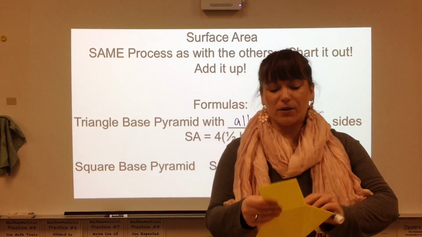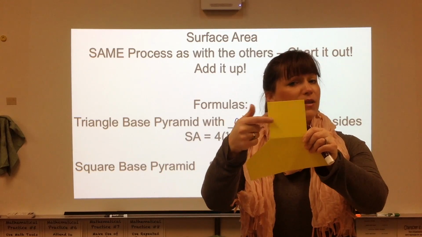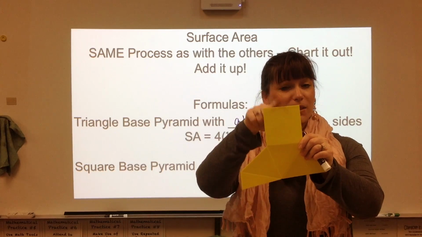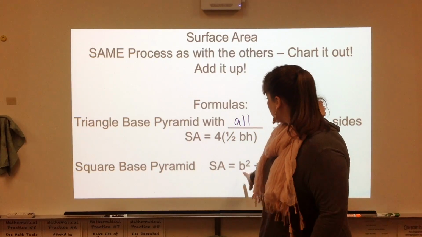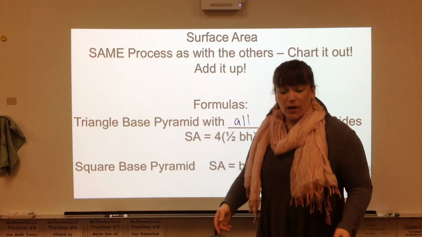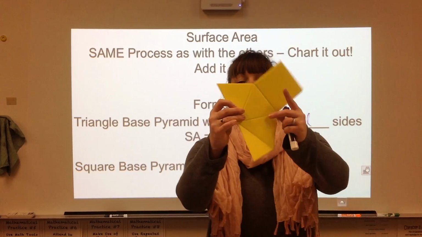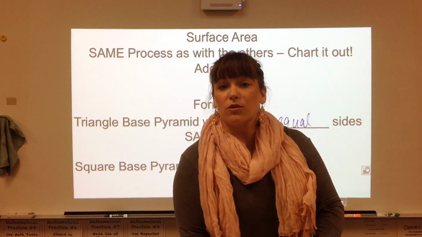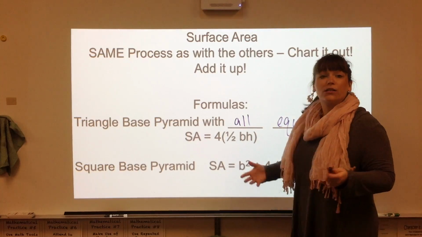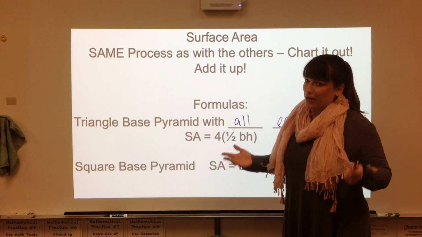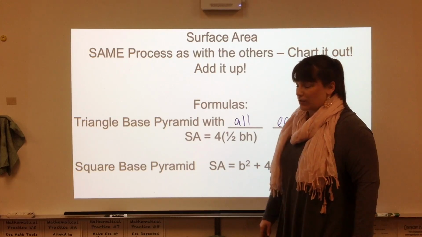For the square-based pyramid, you're going to find the area of the square, which is the side times the side, or the base length times the base length. That's the b squared. And then you have 4 identical triangles, 1, 2, 3, 4. So you can find one triangle, half base times height, and then just multiply that number by 4, and you have your area when you add all of the surfaces.